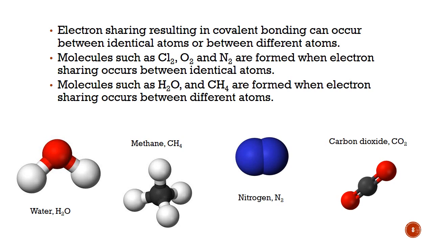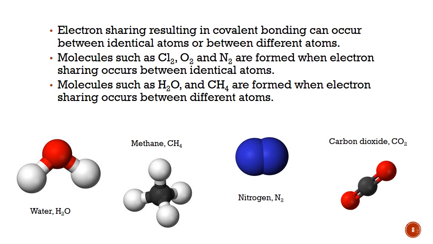As we just saw, we can share electrons between identical atoms. So those elements that we said earlier, nitrogen, oxygen, fluorine, chlorine, etc., are formed when electron sharing occurs between identical atoms, or we can also have molecules that are heteroatomic and there's sharing between different atoms.